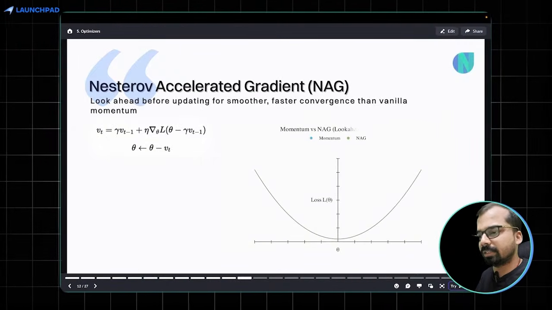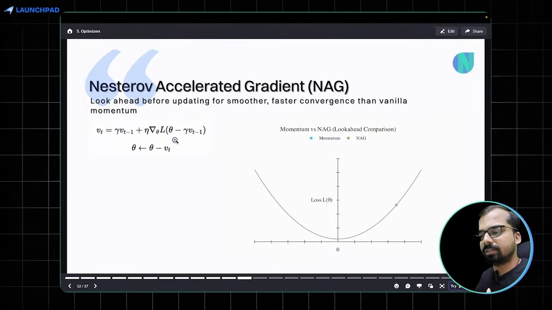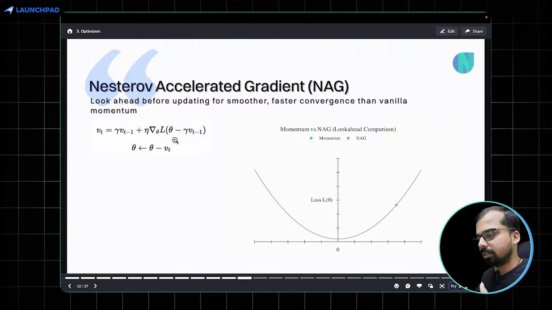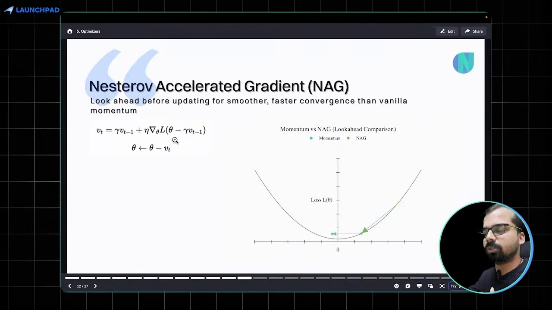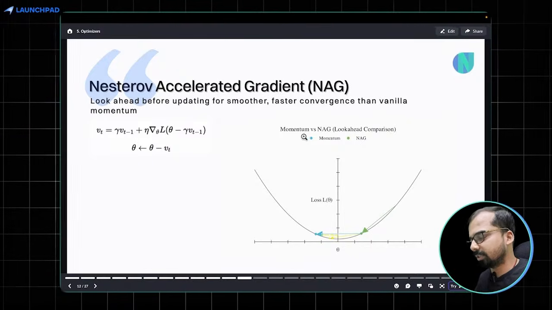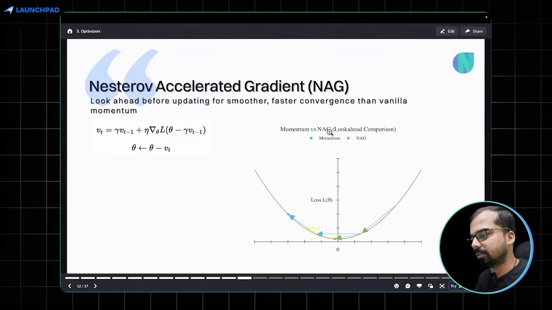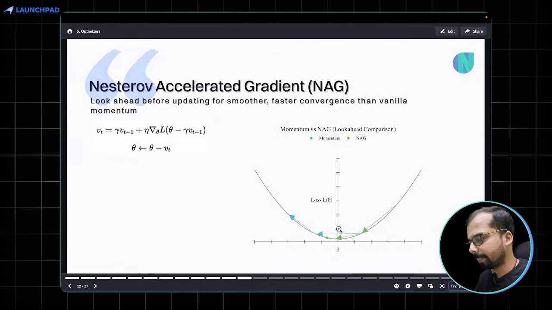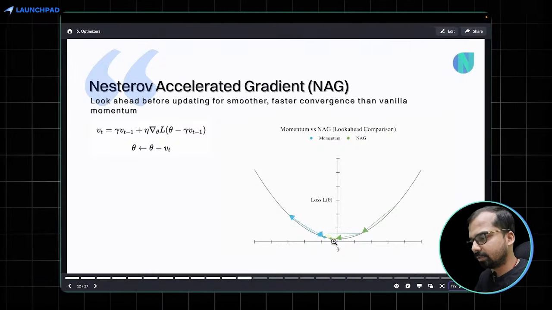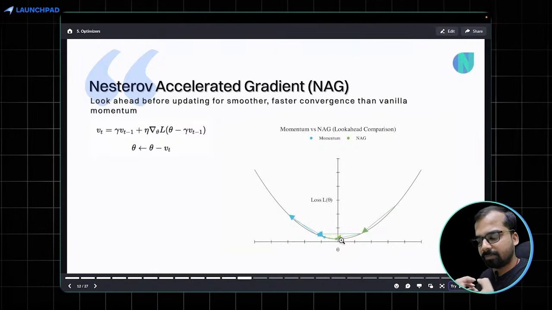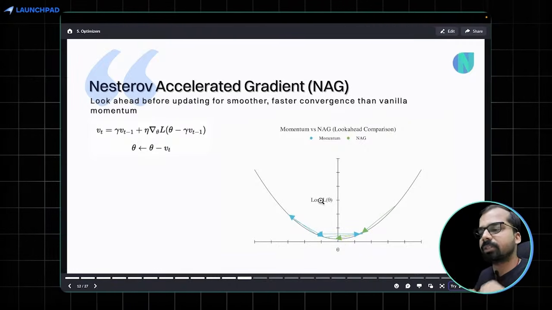Nesterov accelerated gradient, you can think of it like this, takes into account what the gradient will be in the future also. If you see these two curves, the blue one is pure momentum, and the green one is NAG. NAG is looking at whether, if I make a step forward, the slope will still be in the same direction or not.